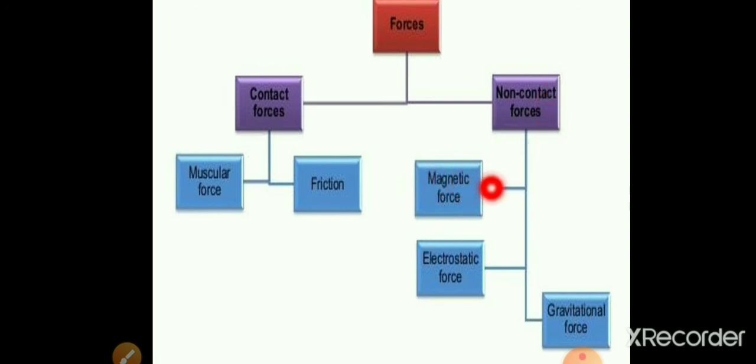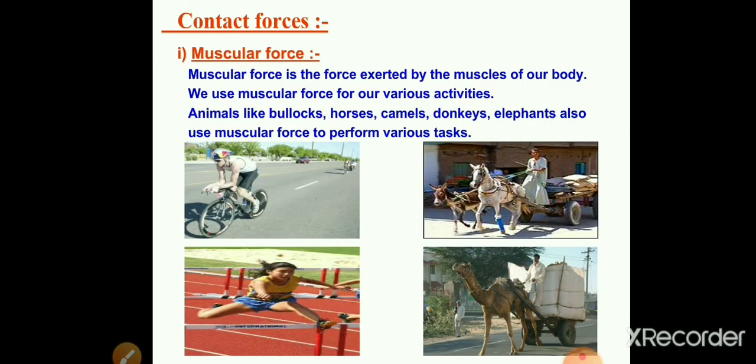Magnetic force, electrostatic force and gravitational force. So non-contact forces are of three types. Now let us study contact force, that is muscular force and friction force.